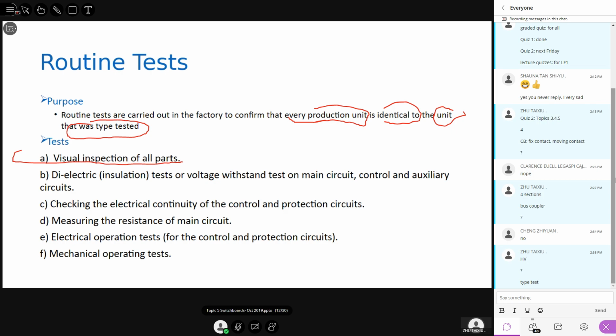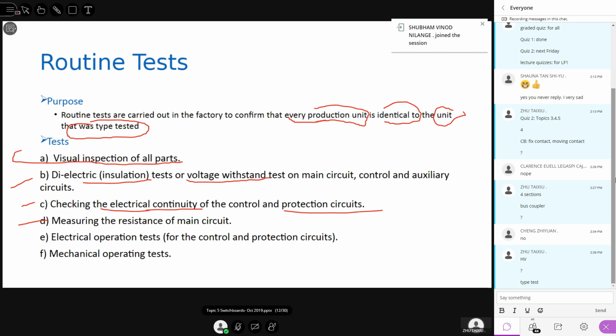Then the dielectric insulation test, also called voltage withstand test, on the main circuit, control and auxiliary circuits. And also checking the electrical continuity. You have some parts joined together, right? So the resistance should be very small. You can use some meters to check this. And also the protection circuits continuity.